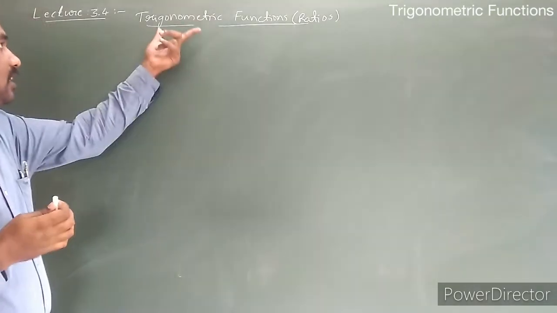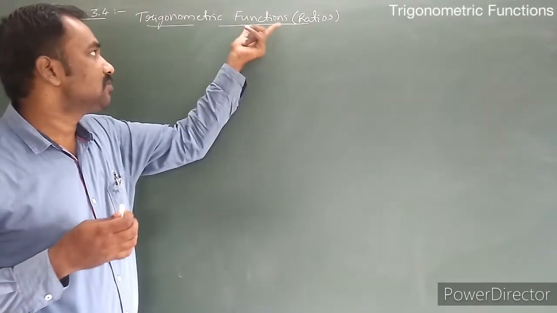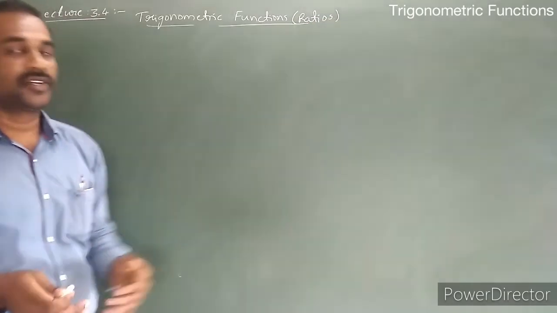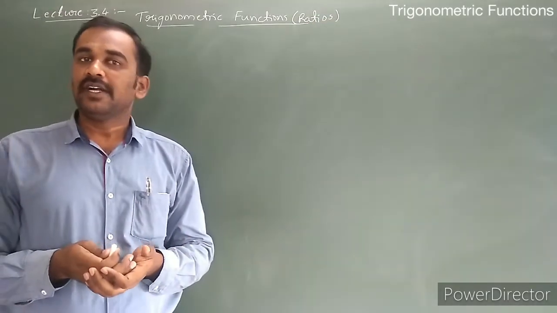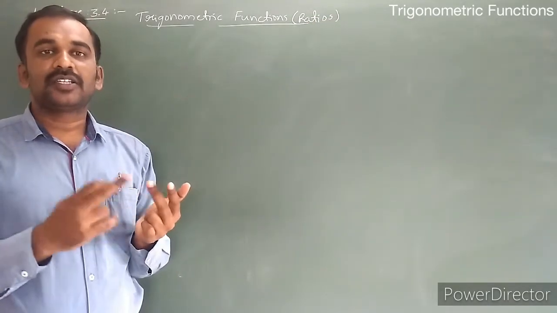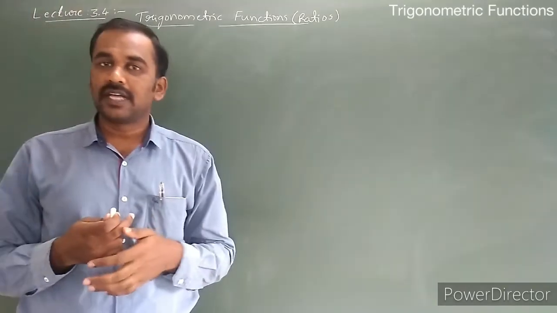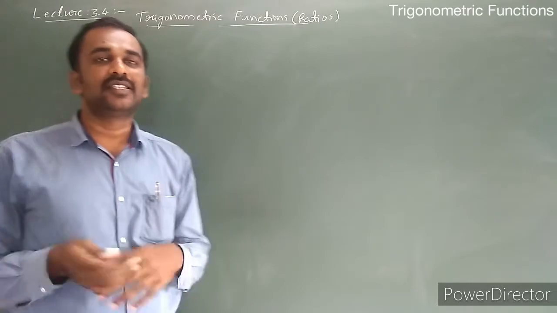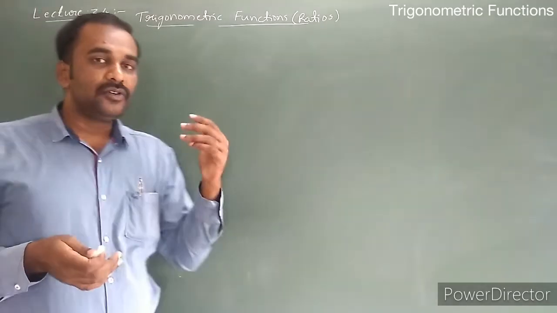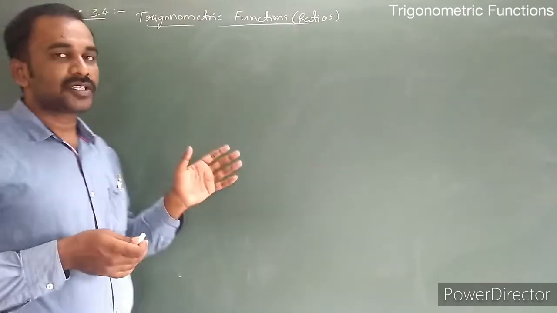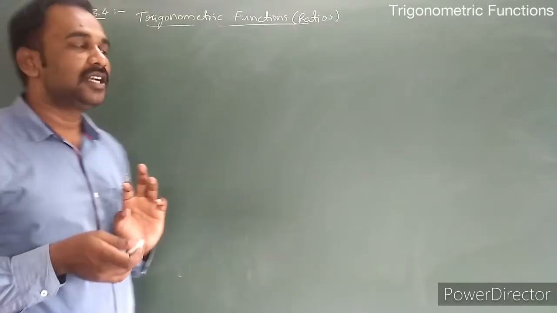People have already taken trigonometric ratios. The name is the same, trigonometric functions or trigonometric ratios. The six ratios you have taken are sine, cos, tan, cosecant, secant, and cotangent. You studied those six ratios on the right angle triangle.